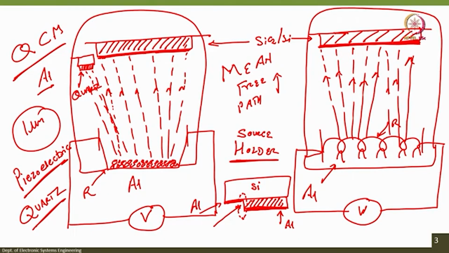Another question is that when you heat the boat, the material is melted, but it will take some time for all the material to get uniformly melted, right. So, should we start evaporation as soon as we apply the voltage to the boat, or do we wait for certain time?